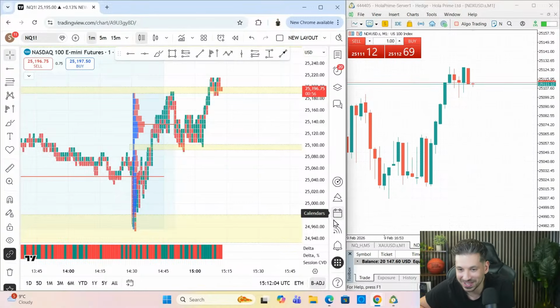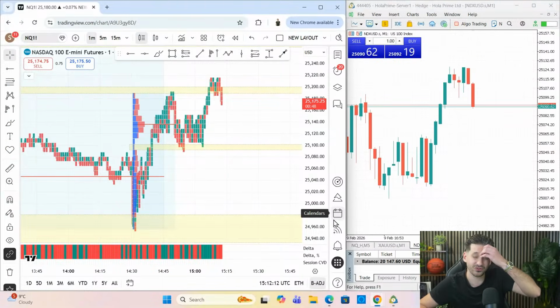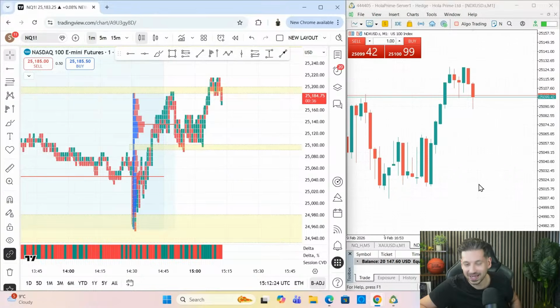You're welcome. If you were to buy one lot in NQ CFDs, would you also make 20? No. So with CFDs, the pricing is different. Truth be told, I don't know off the top of my head how the pricing works, if I'm going to be completely honest with you, because I've never traded CFDs. This is a first for me. I have traded them before, but we're talking years and years ago.